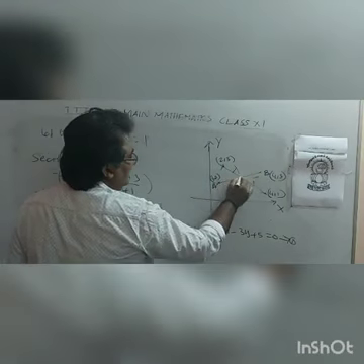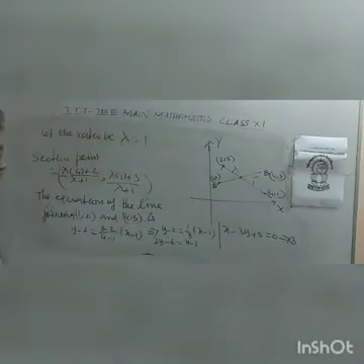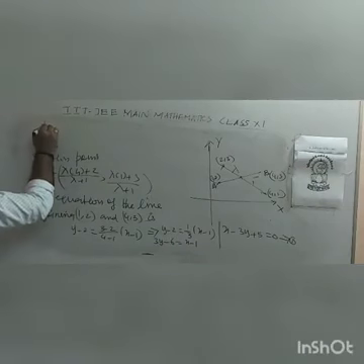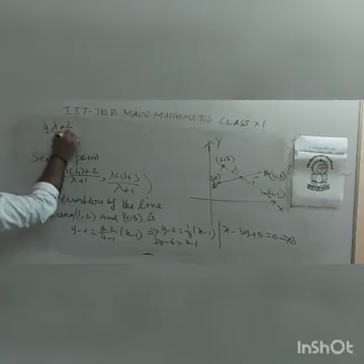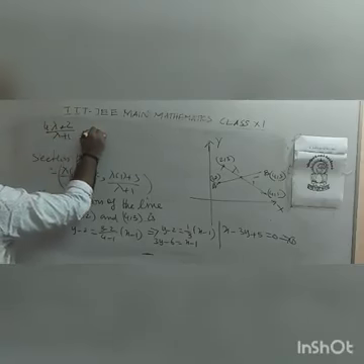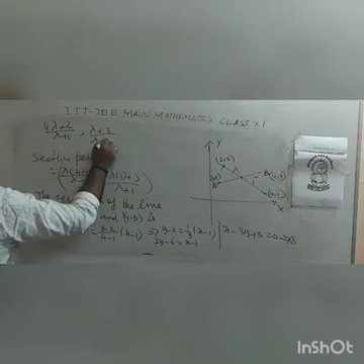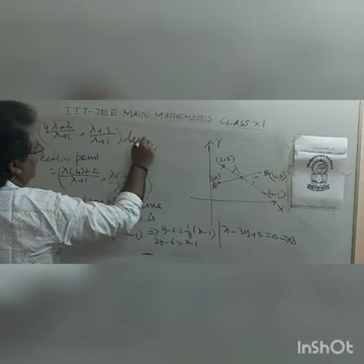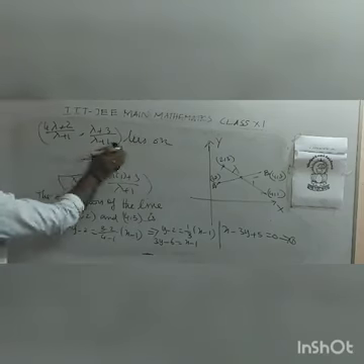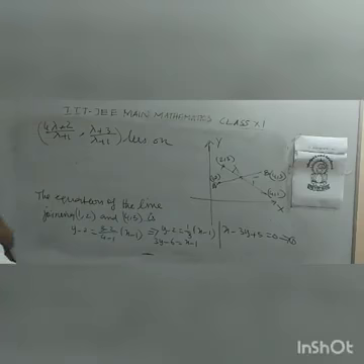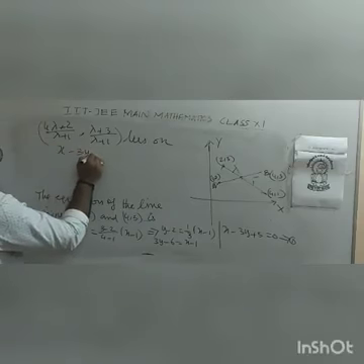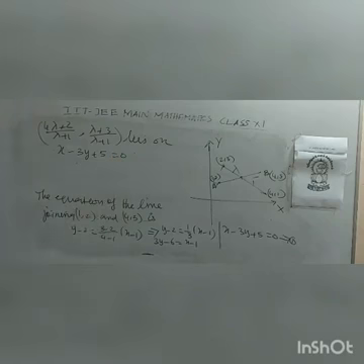Since this section point lies on the line, the point 4 lambda plus 2 by lambda plus 1, lambda plus 3 by lambda plus 1 lies on x minus 3y plus 5 equal to 0.